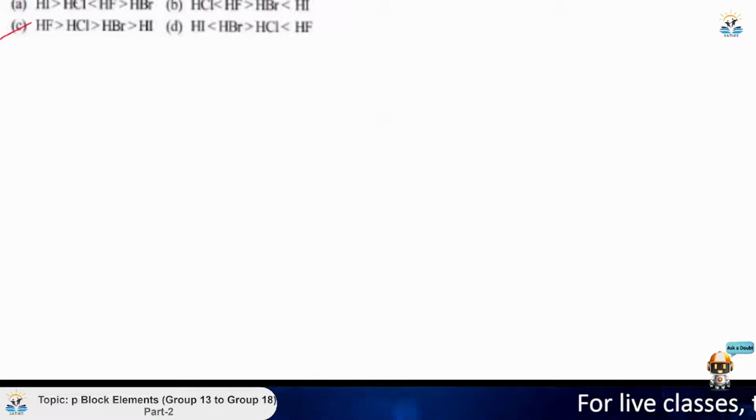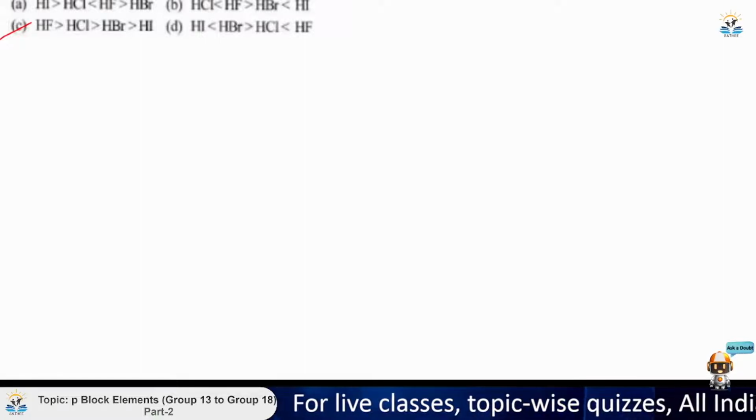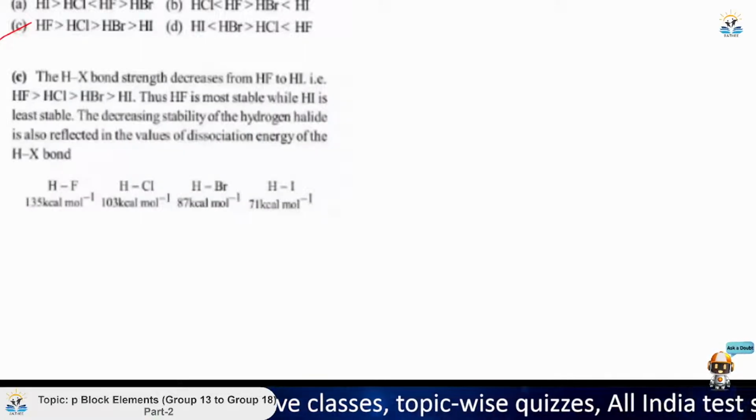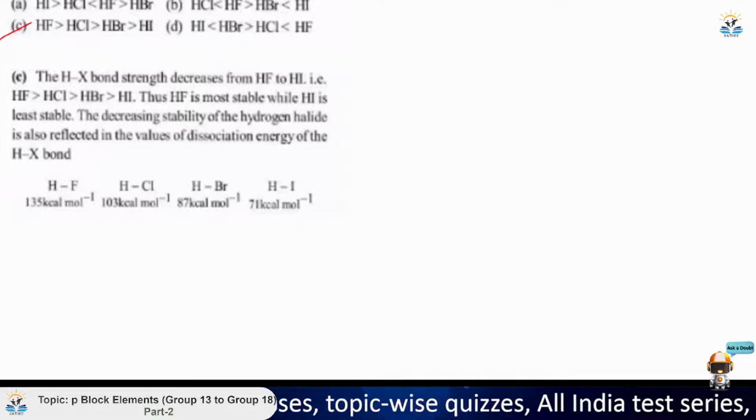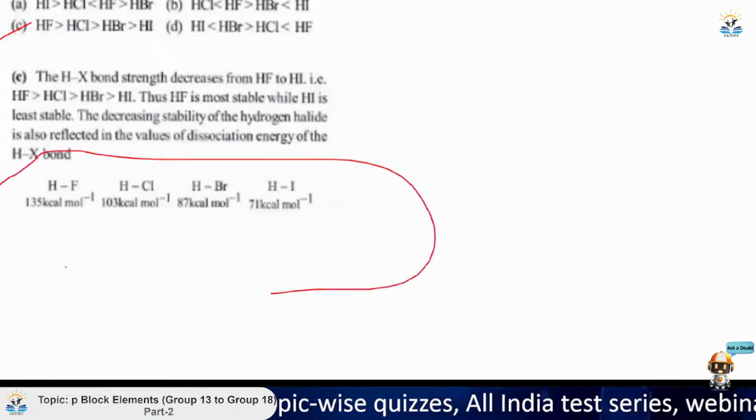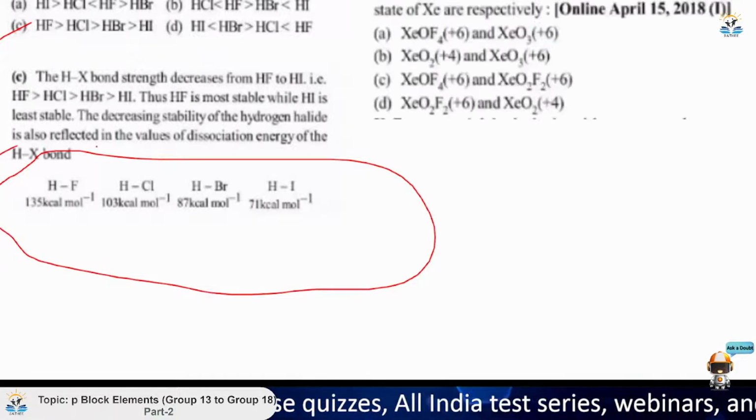So this is a very simple question. It's actually directly C. Thermal stability is proportional to the bond strength, and we know that HF has a very good bond strength compared to HCl. And that is pretty much the reason over here also. And in the end, they have given a bit of numerical values over here too.